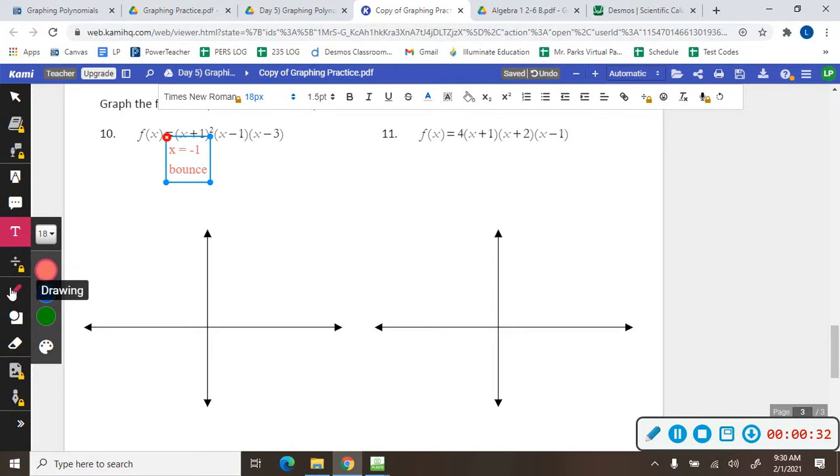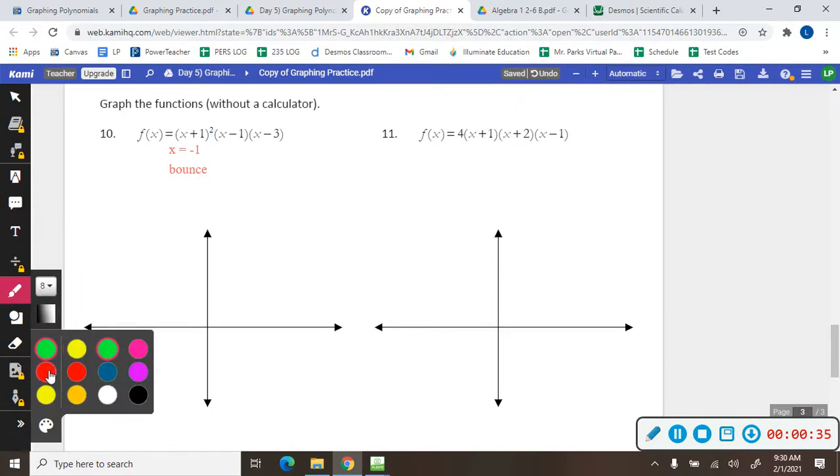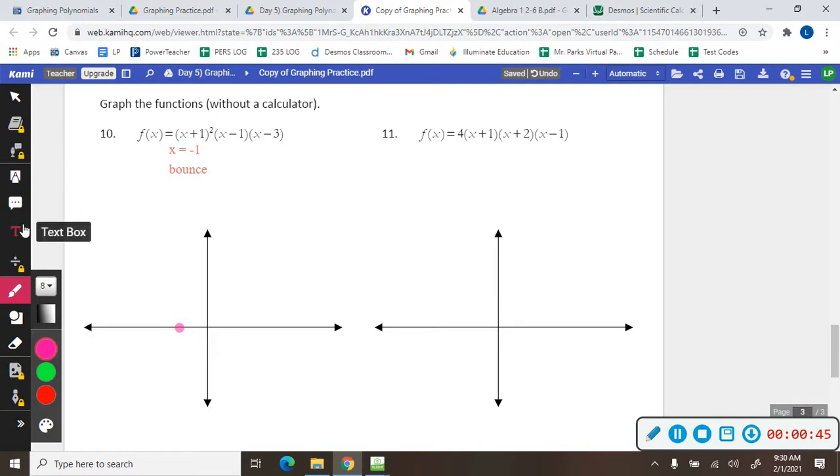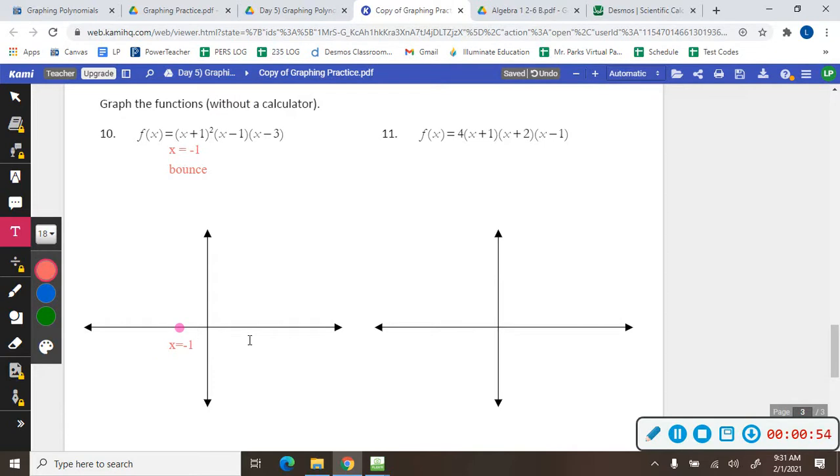So if I were to go over here, and let's say that's -1, we're going to have a bounce there.